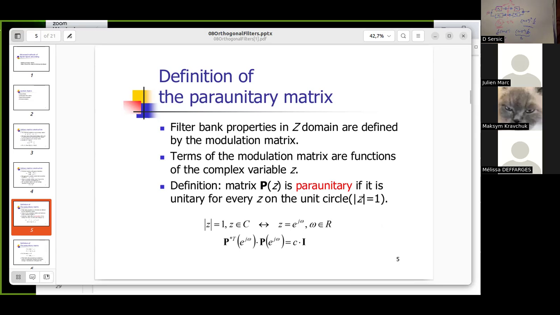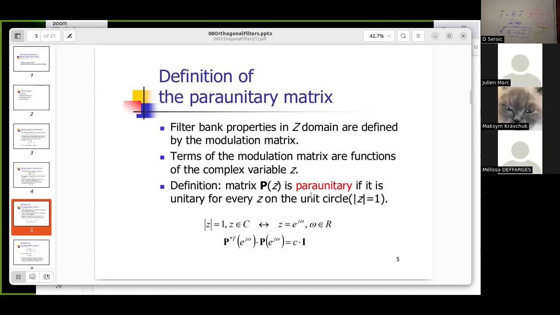What does it mean, unit circle? Maybe I'll just add one more. How to describe it in a different way? It means the modulus must be 1, since every complex number can be expressed in a polar way. It means that this r must be equal to 1.